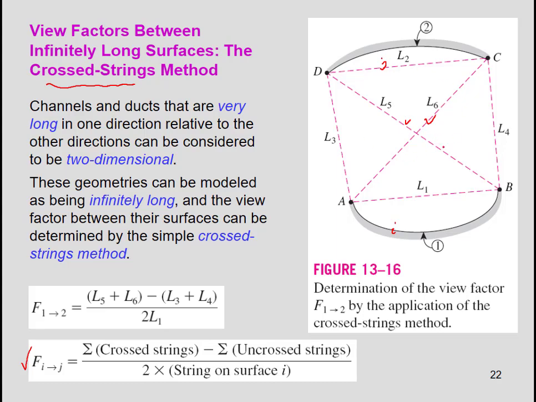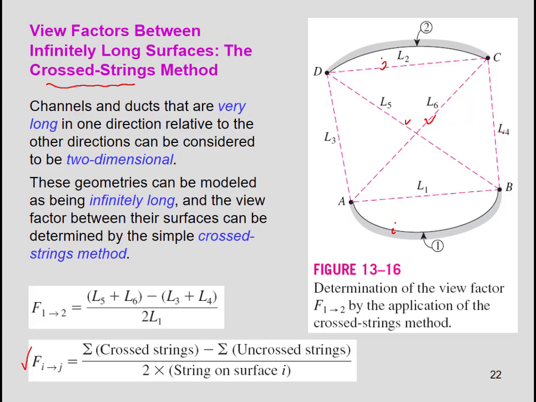For example, if we are interested in finding the view factor from this surface 1 to surface 2, we can use this equation. Summation of crossed strings. Crossed strings mean L5 and L6. So L5 plus L6 minus the summation of uncrossed strings.